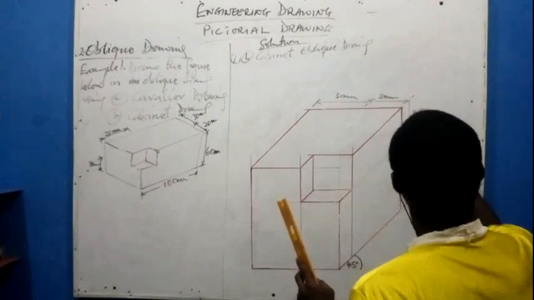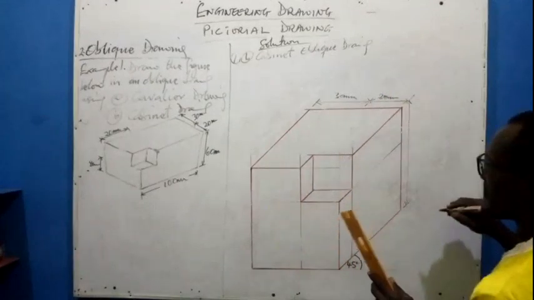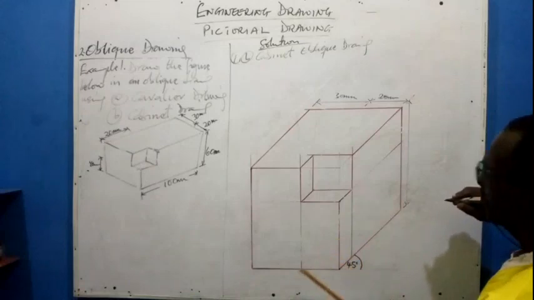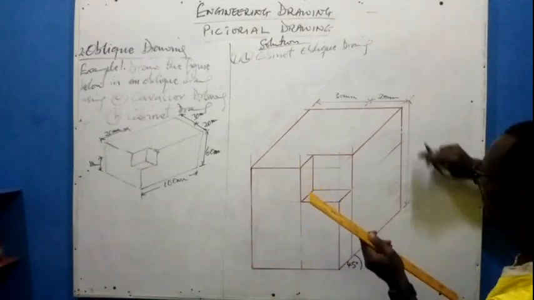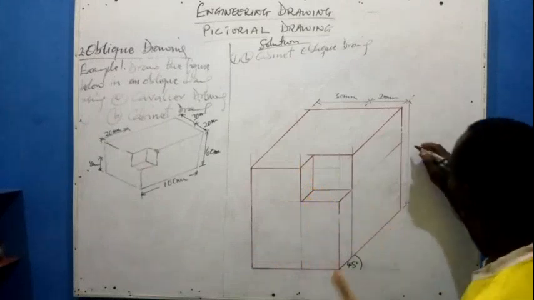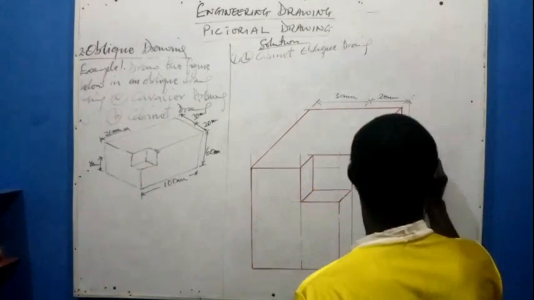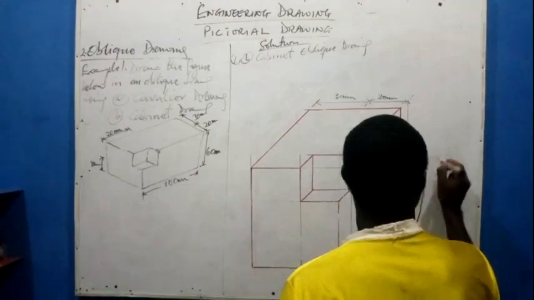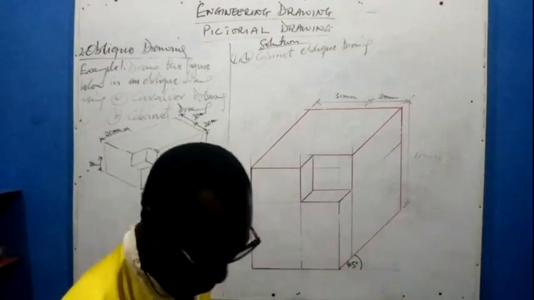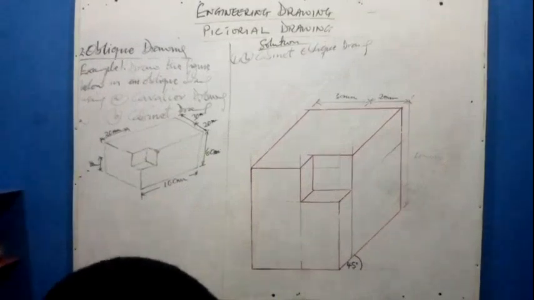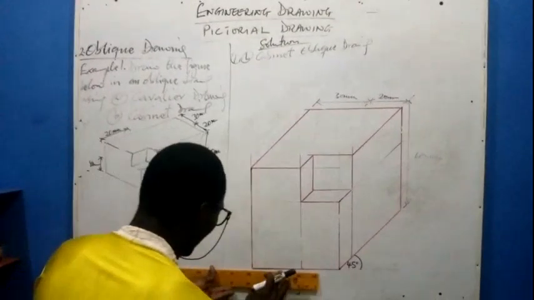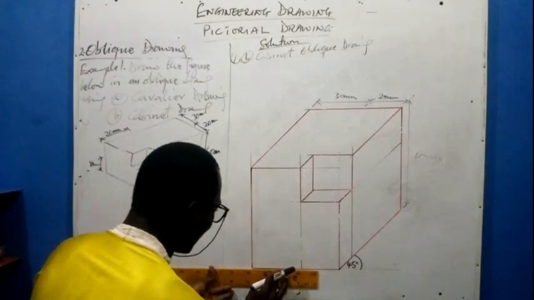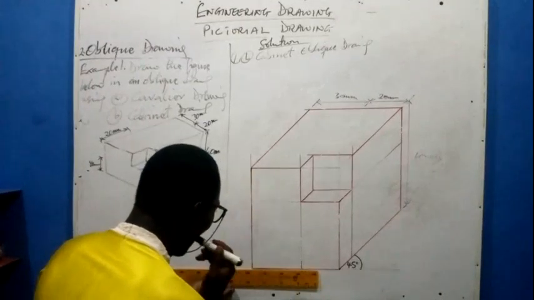I can just do here 60, then come and do the 40 here, or I can just do all of them here. But let me do it the way they present it, 60 meters. Then I'll come and do the 40 in this direction. And listen, dimension depends on you.